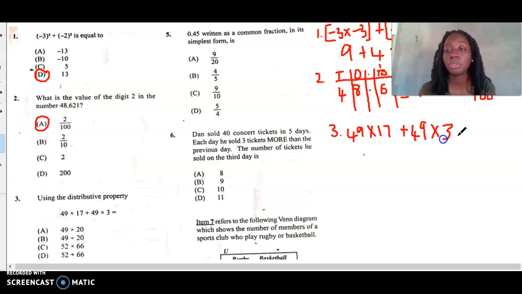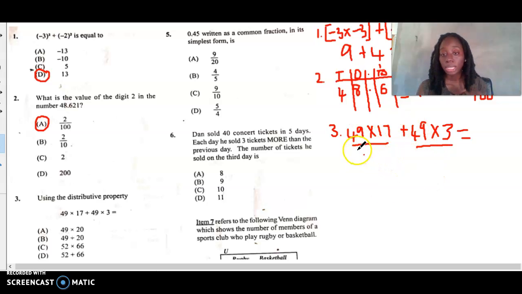Using the distributive property, I will look at the product of the first pair of numbers and the second pair of numbers, and I will identify a common factor. If I compare the first pair with the second pair, 49 appears in both pairs, so 49 will be the common factor.